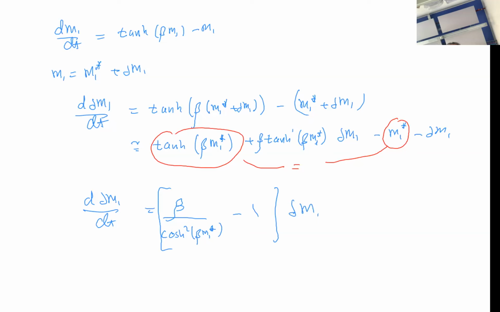Okay. And as usual, the sign of this term determines whether or not it's stable. So we look at the sign of this term as everything. So sign determines stability.